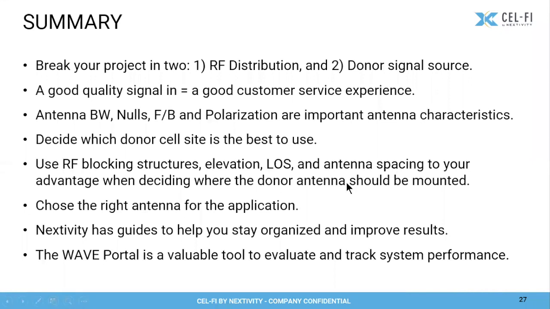We talked about antenna spacing to make sure we're not having noise contributions from other antennas that might be transmitting on the roof. And then using that information to choose the right antenna for the job, and the tools that are available to you, be it the portal and the alerts that we show on the portal, along with the RF KPIs or our site survey form or our step-by-step guide, and that's it.